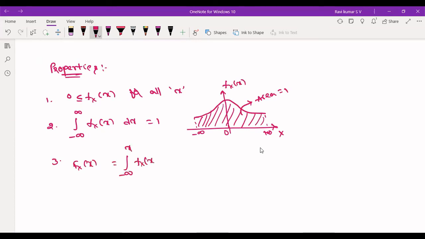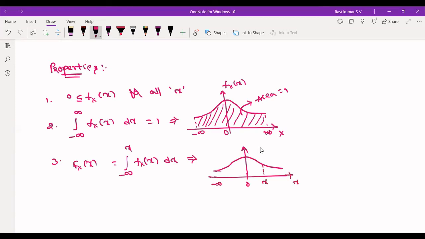And the third property, Fx of x is equal to integral minus infinity to x fx of x dx. This indicates, from this graph, I'm going to explain again. Here the limits are given from minus infinity up to one particular value that is taken as x, a positive value.